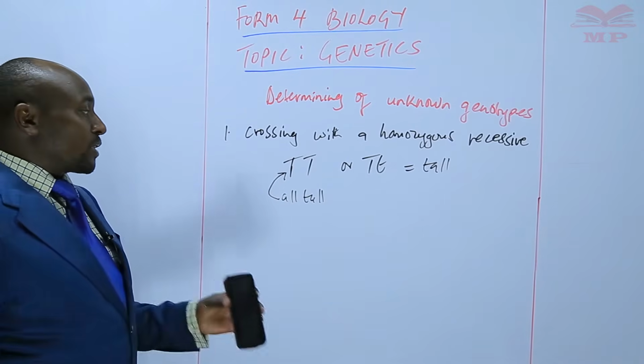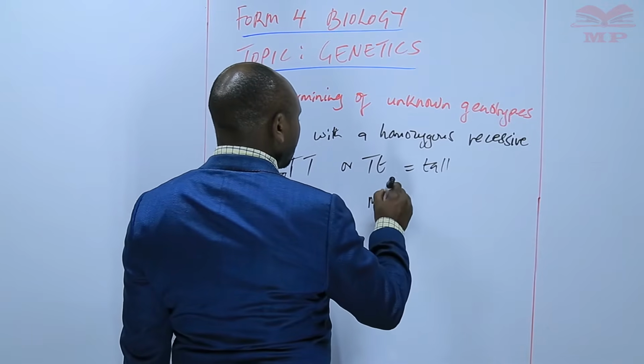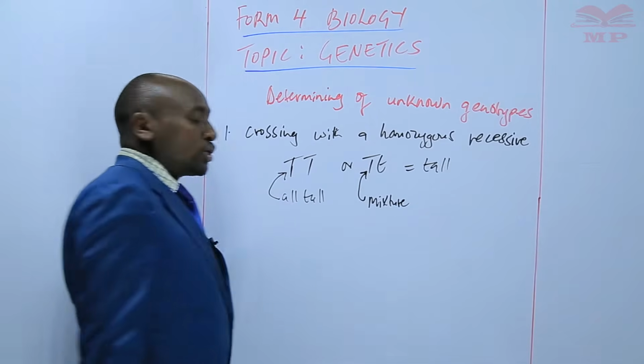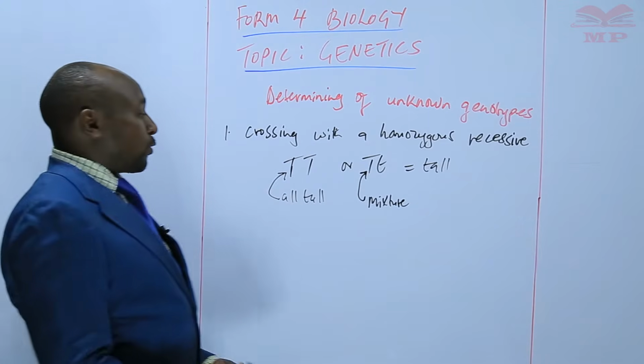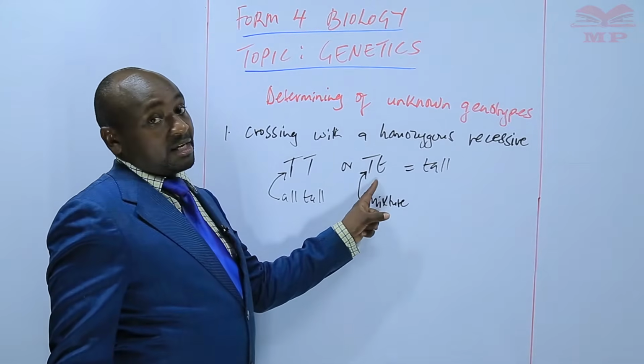But if we cross with the homozygous recessive and we get a mixture of tall and dwarf plants, then of course we know that this one must have been the genotype.